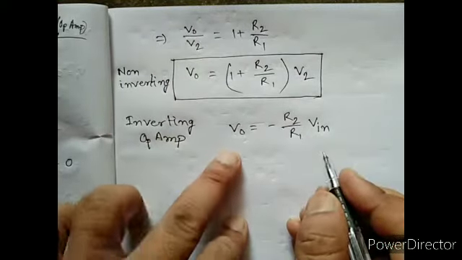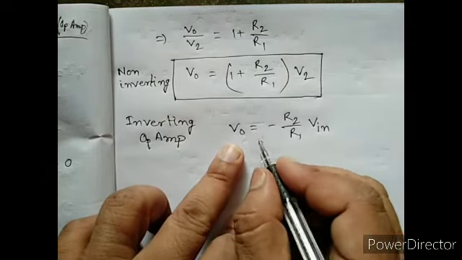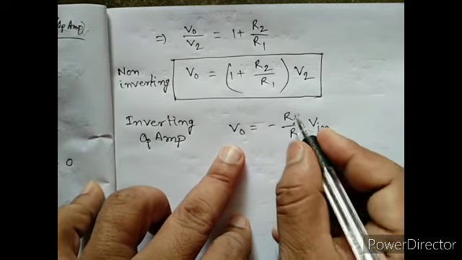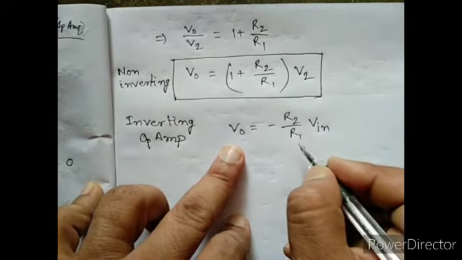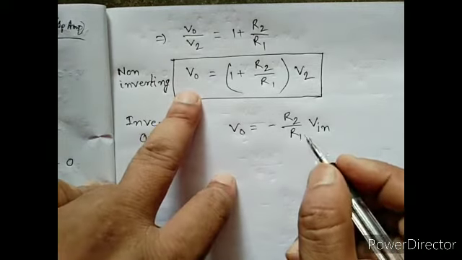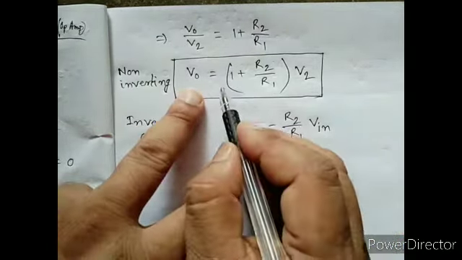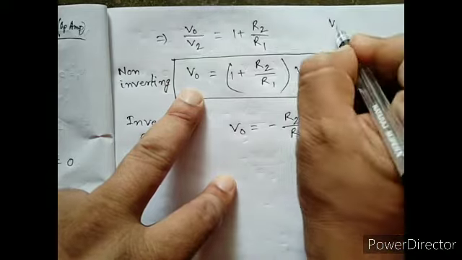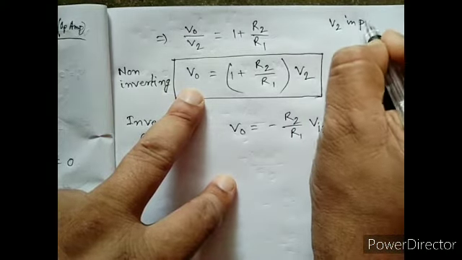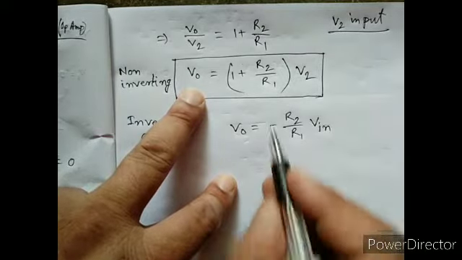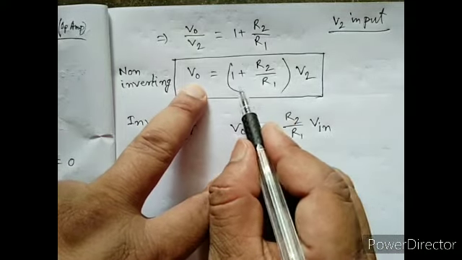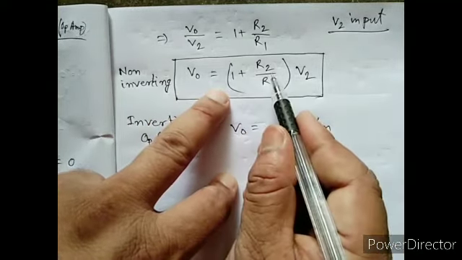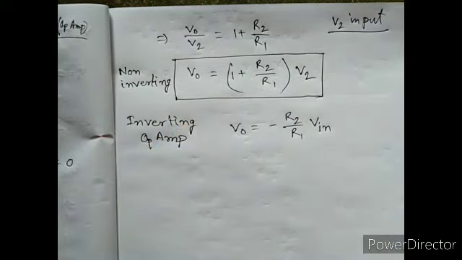So, in the inverting operational amplifier, the output voltage is phase shifted by 180 degrees, and gain is the ratio of the two resistors R2 and R1. In the non-inverting operational amplifier, the output is in the same phase as the input. V2 is the input, so V0 is in the same phase as the input voltage, and gain is 1 plus R2 by R1. Thank you.